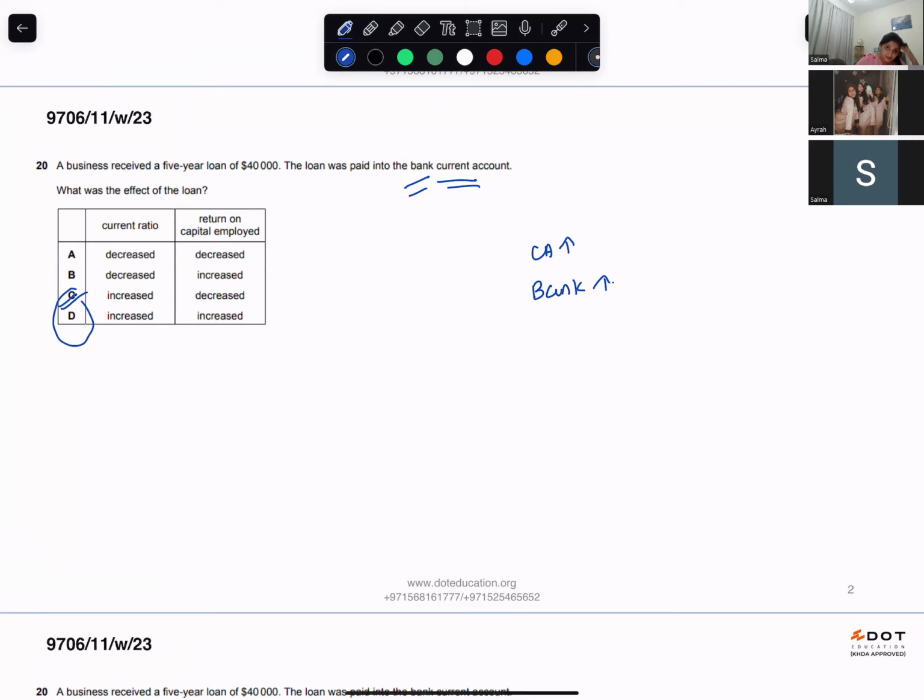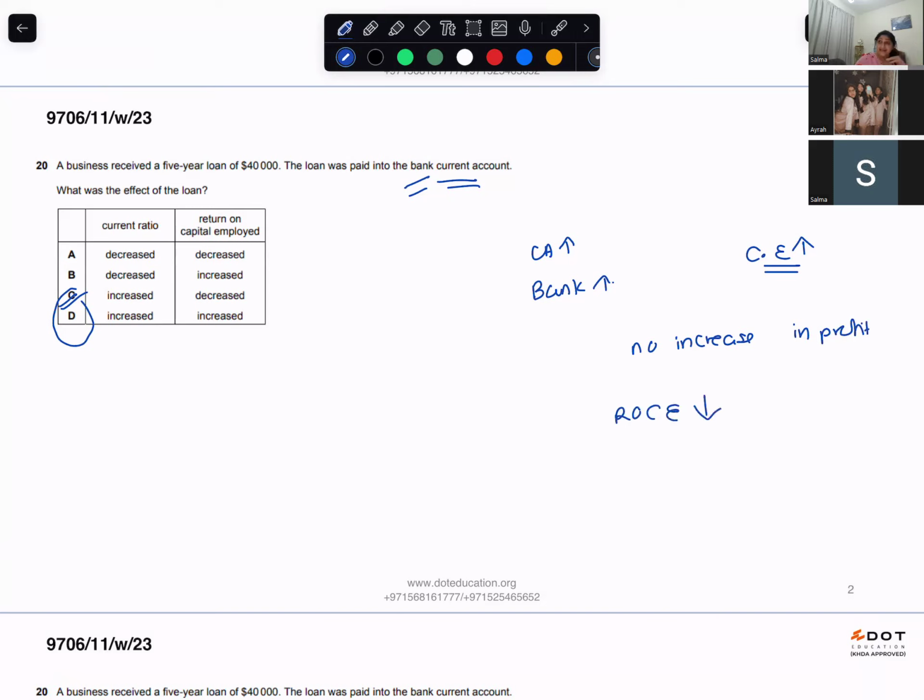Now, if my capital employed increases and there is no increase in profit, then the return on capital employed would decrease.